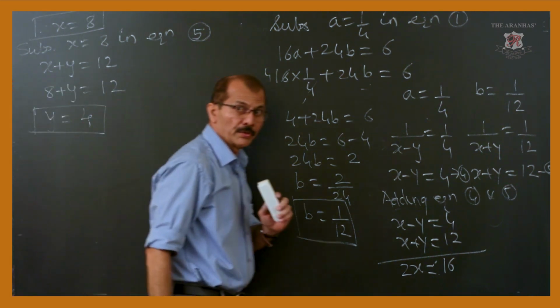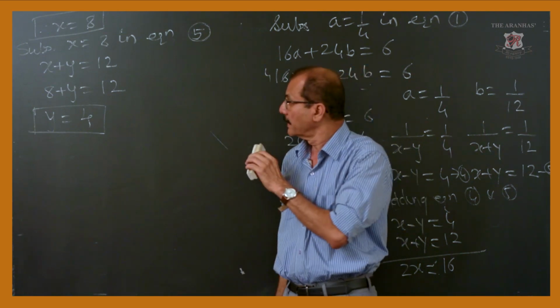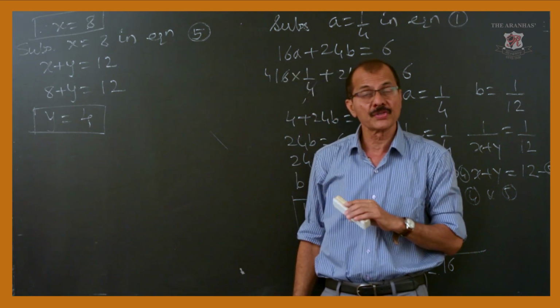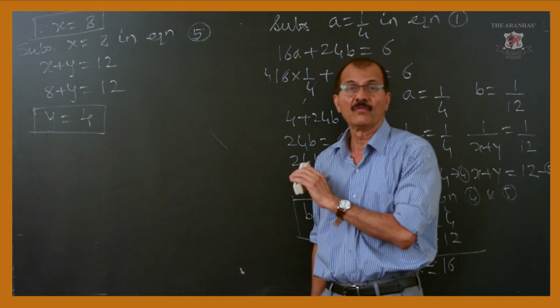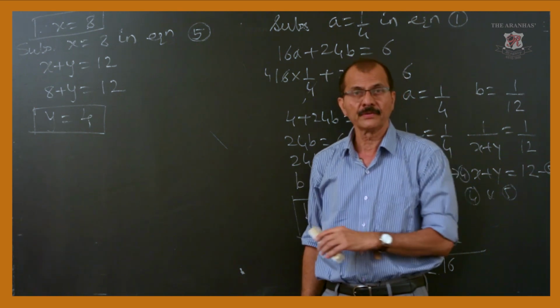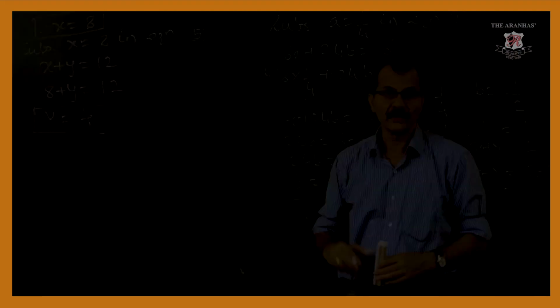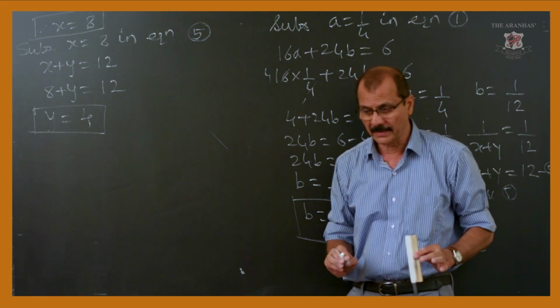So, I told you this is not the sum where you write the solution set. Here these are word problems, you have to write the answer in words. So, the answer finally should be written.